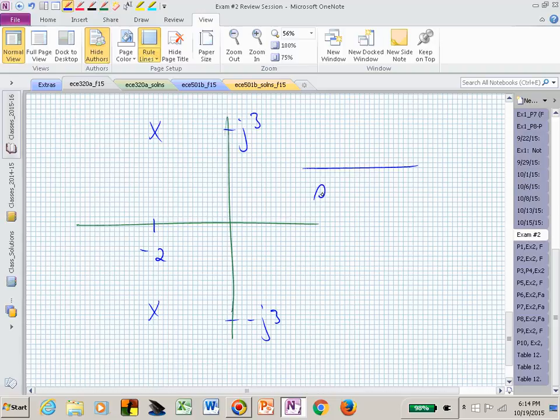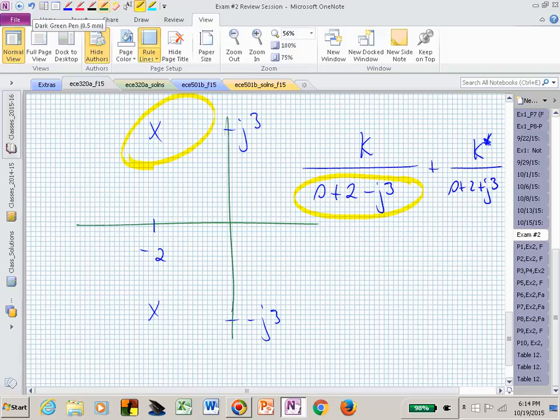If you do it with distinct roots, you now have K over s plus 2 minus j3, plus s plus 2 plus j3, and this is actually K star. Now, which pole does this correspond to? It's the value of s corresponding to the one in the second quadrant that causes that factor to vanish.